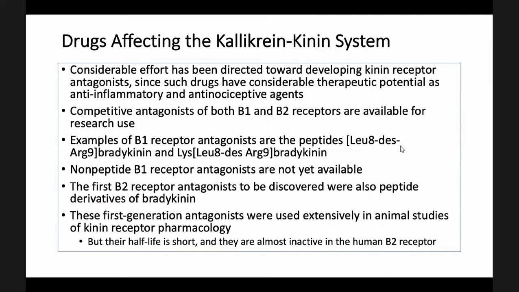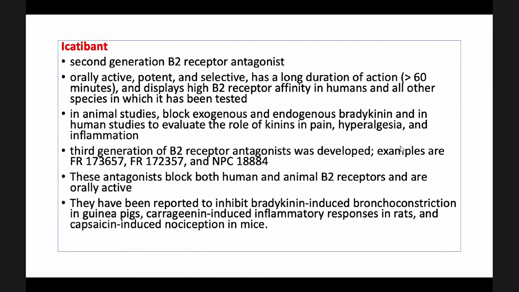The first B2 receptor antagonists to be discovered were also peptide derivatives of your bradykinin. These first generation antagonists are used in animal studies of your kinin receptor pharmacology, but their half-life is short and they are almost inactive in human B2 receptors.